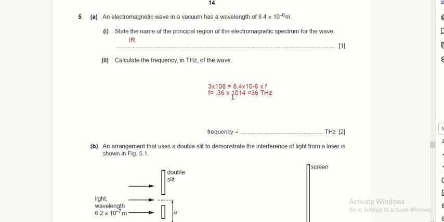After getting f, the question wants it in terahertz. Tera is 10 to the power 12. So when we get something to the power 14, it should be multiplied by 100 and given the symbol T.